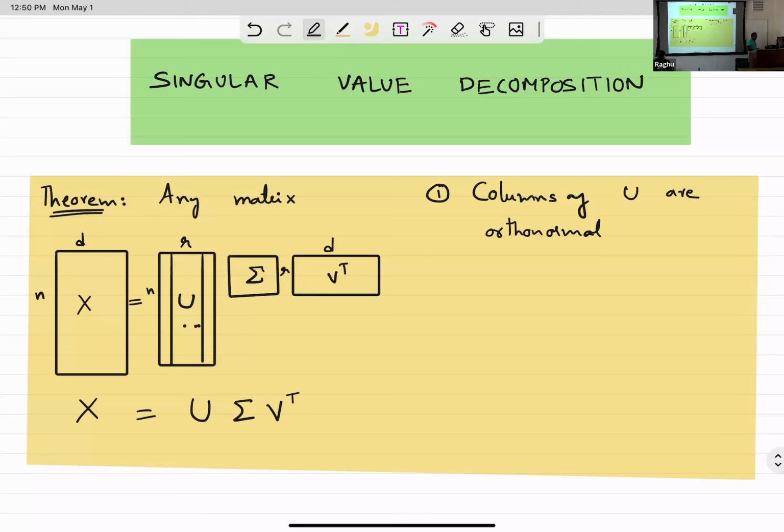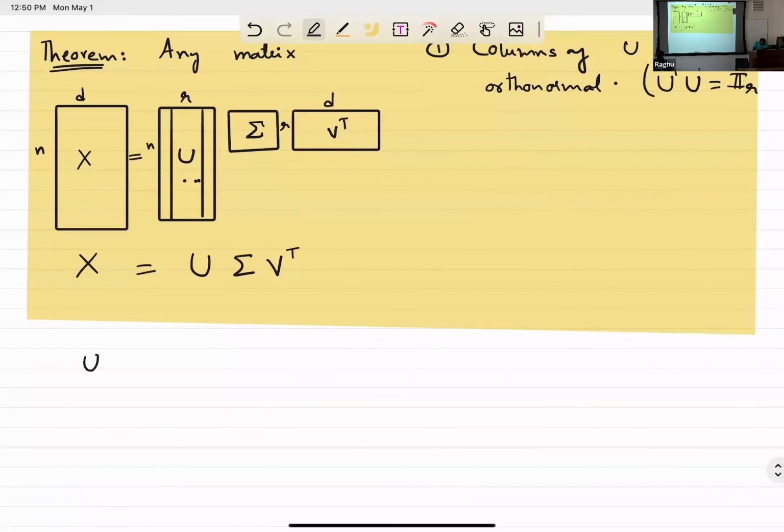Algebraically, this is equivalent to saying U transpose U is actually the identity matrix, right? Because if I take U transpose U, then it looks something like this.